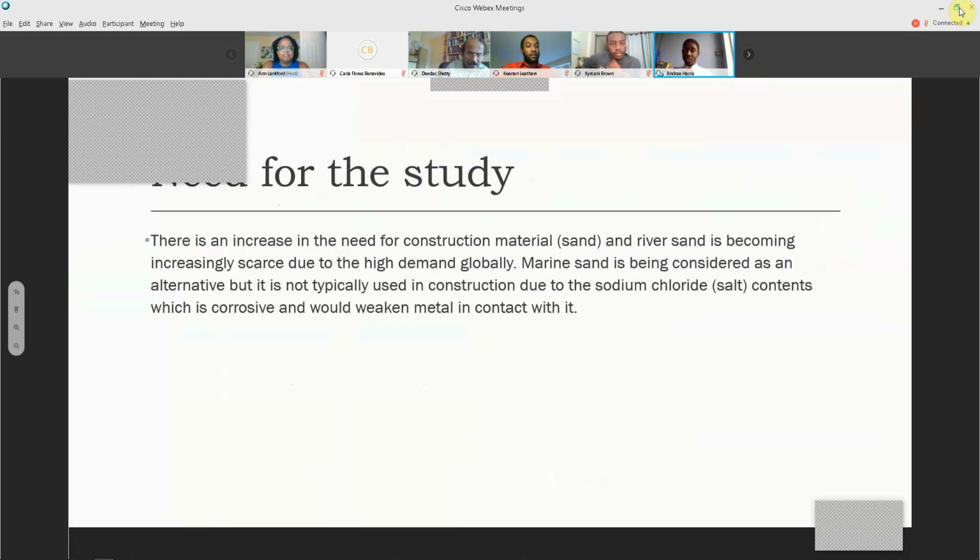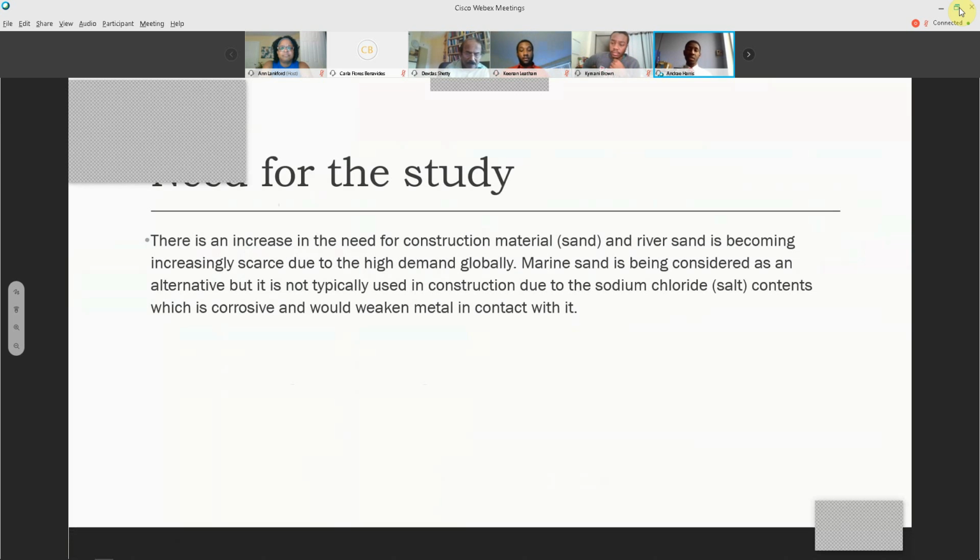Now, the need for the study. In order to protect these areas, we thought about building bulkheads or walls in order to protect our coastal communities from the effects of sea level rise.